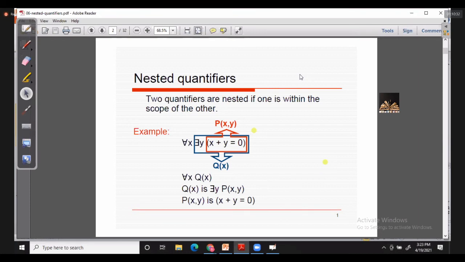Here, see the nested quantifiers. Is the slide visible to you?